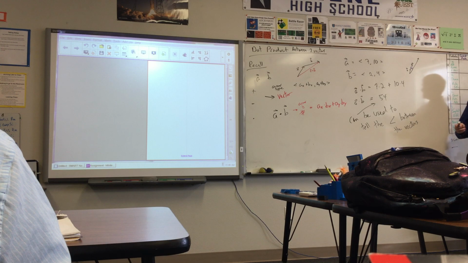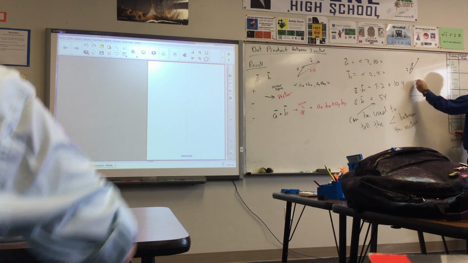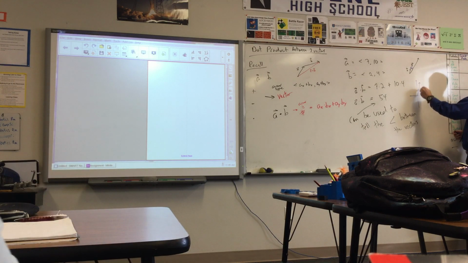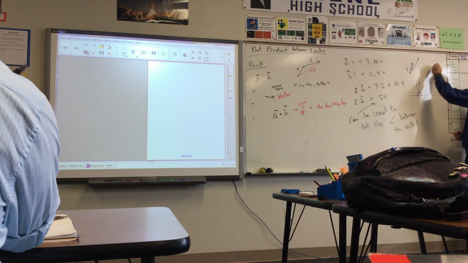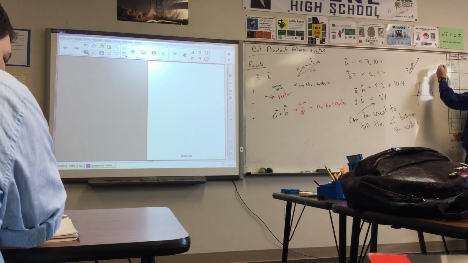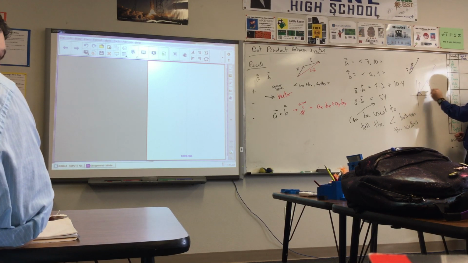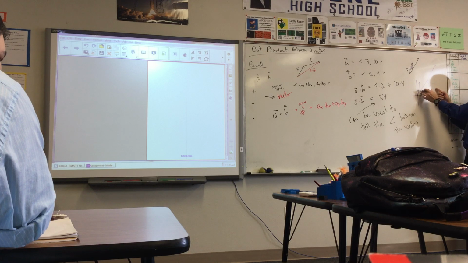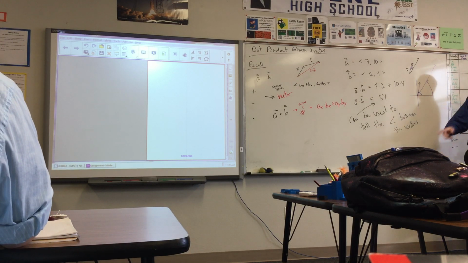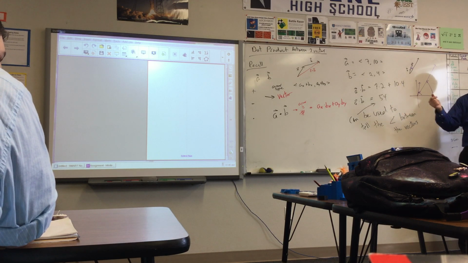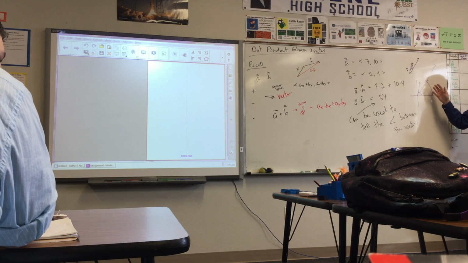Now, in case you're skeptical, someone might say, if we need to find that angle, couldn't we just draw them right here, figure out the angle of B by finding its inverse tangent, then figure out the angle of A by its inverse tangent, and then just do inverse tangent minus inverse tangent? The answer is, yeah, you could, but with the dot product, we're going to find a way that's way easier than doing inverse tangent, absolute value, and all that stuff.